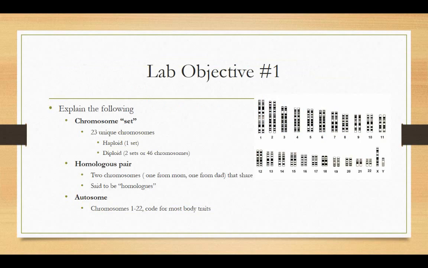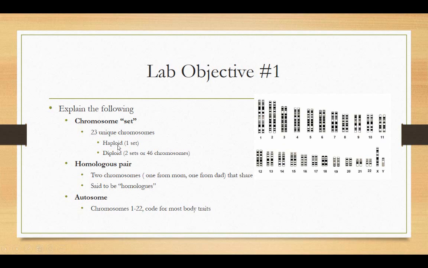What is a chromosome, which is basically a set of chromosomes, which are 23 very unique chromosomes, and we have a set of them. So under normal conditions in a body cell we have 46 chromosomes, but you inherit 23 of those chromosomes from mom, 23 of those chromosomes from dad. And so prior to that, your mother gave you essentially one set, which if it is 23 chromosomes, that would be a haploid cell.